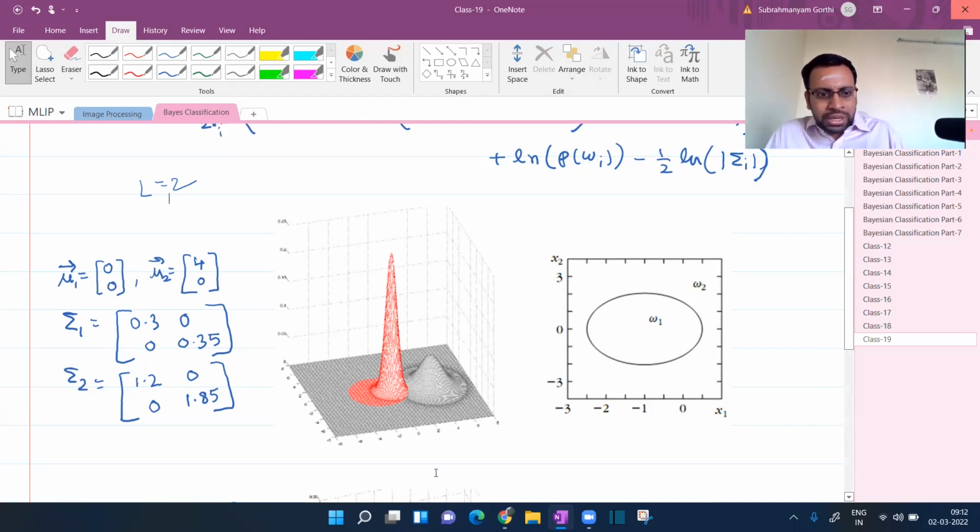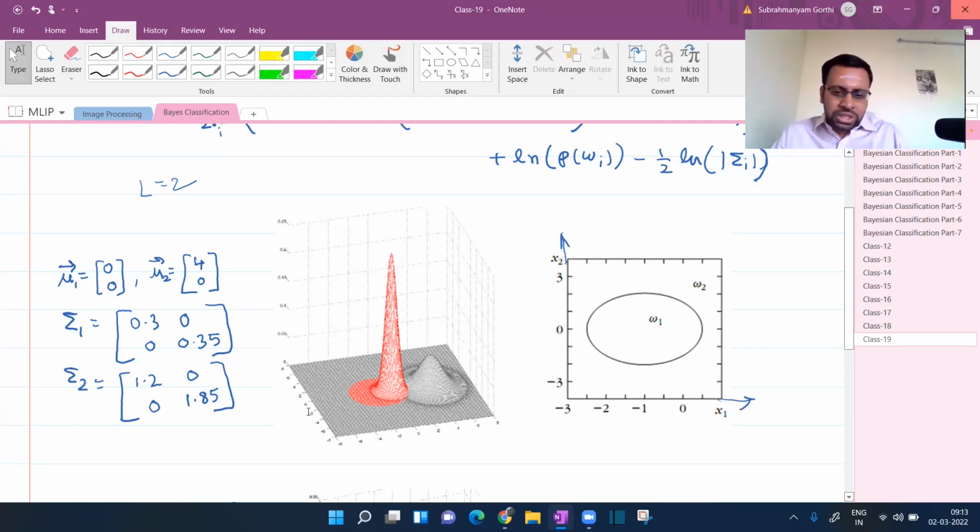So the first plot here: mu1 equal to (0, 0), mu2 equal to (4, 0). What does that mean? We consider two classes here. For class 1, the mean value is at (0, 0). That means you have two features, x1 on this axis and x2 here.